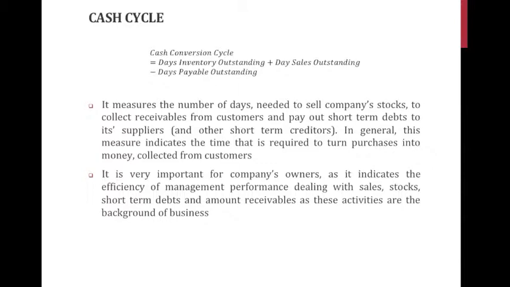So it is very important for company owners, as it indicates the efficiency of management performance dealing with sales, stocks, short-term debts, and amounts receivable, as these activities are the background of the business. Of course, a company's goal would be to minimize this cash conversion cycle as much as possible, because it shows that we convert our sales to real money faster, and then we can make other investments or make new purchases.